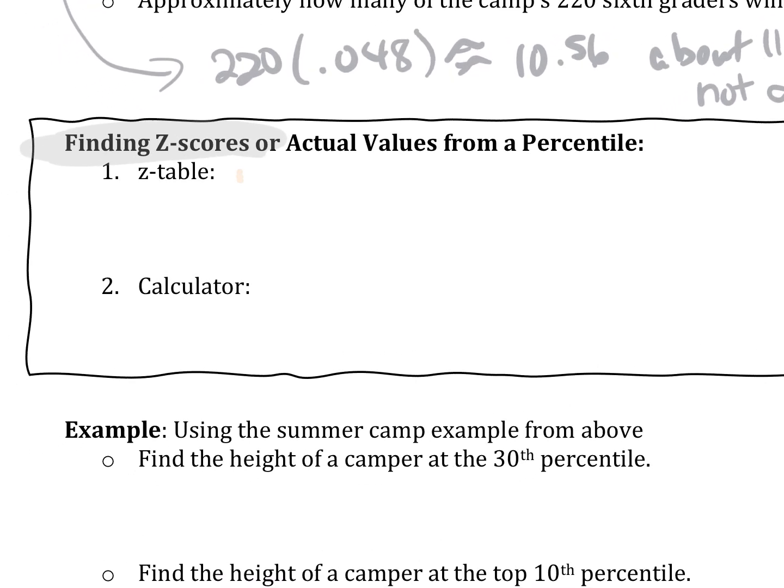So, find the closest percent in the meat of the table, find the corresponding z-score, and then plug into your formula.